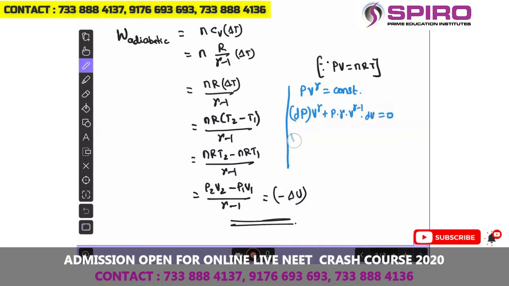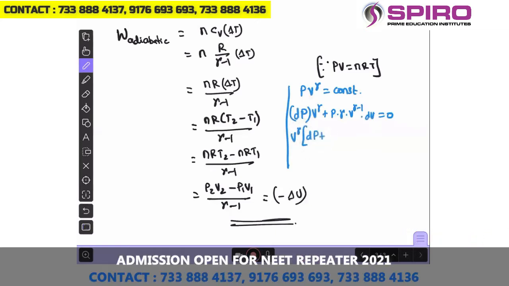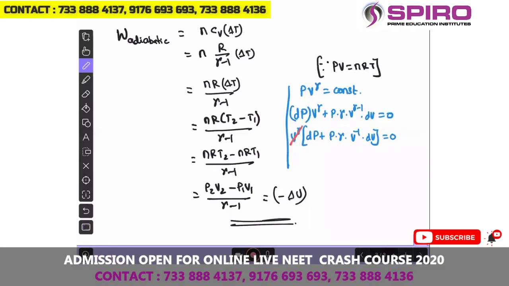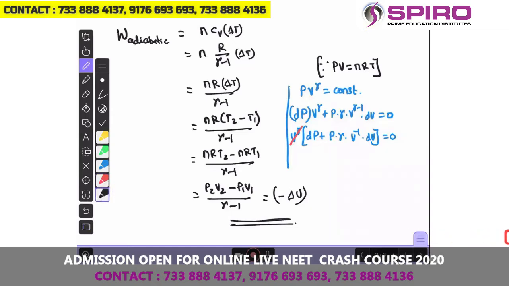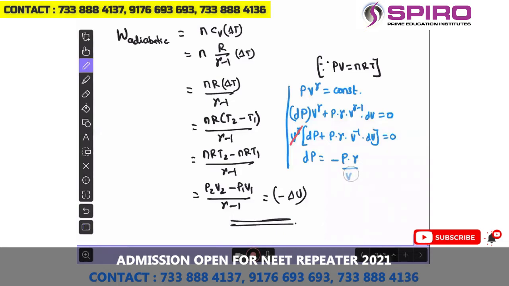Take V power gamma common, and this becomes dP plus P into gamma into V to the power of minus 1 into dV equal to 0. Adjusting the terms, we write dP is equal to minus P into gamma, times 1 divided by V, into dV, right?